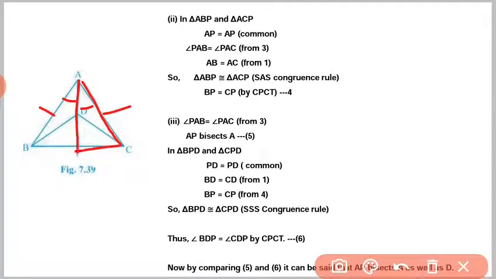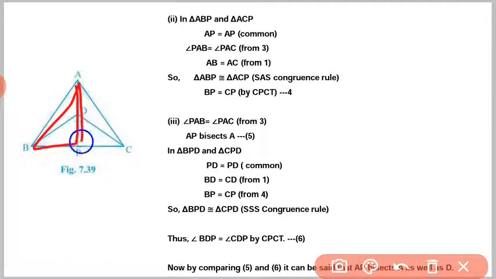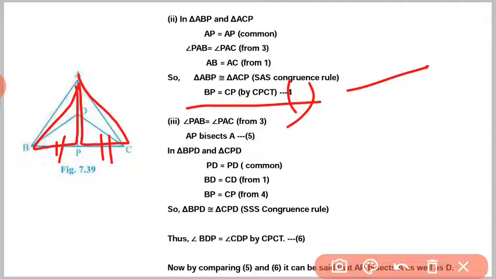So by the SAS congruence rule, these two triangles are congruent. So BP is equal to CP by CPCT. Put it as 4.